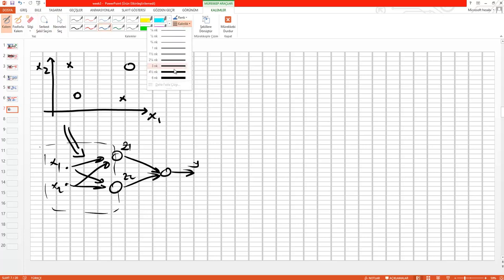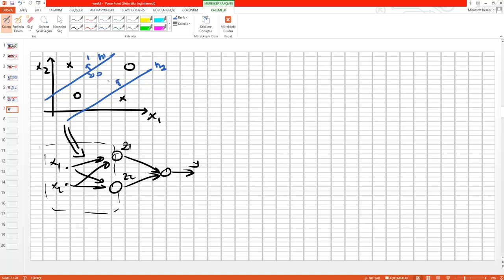And so, we have two neurons, and two neurons can be drawn like this one, h1 and h2. And this is 1, this is 0, and this is 1, and this is 0. So this h1 and h2 produces z1 and z2.